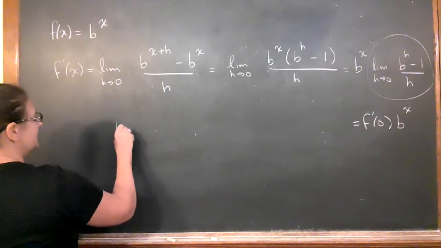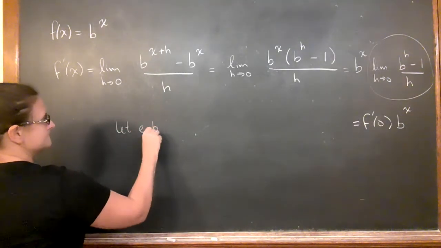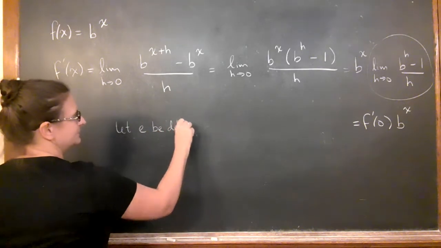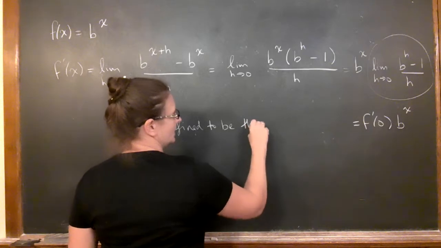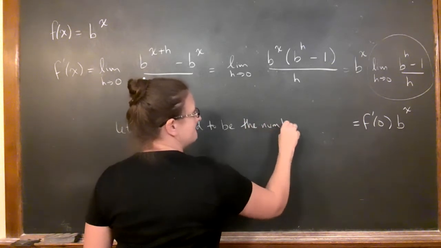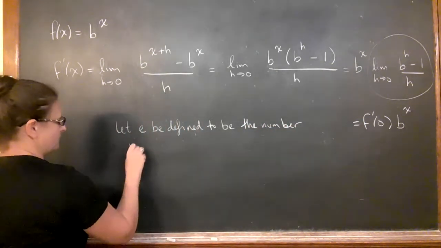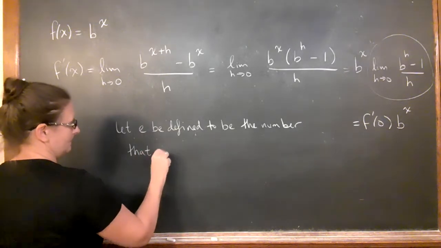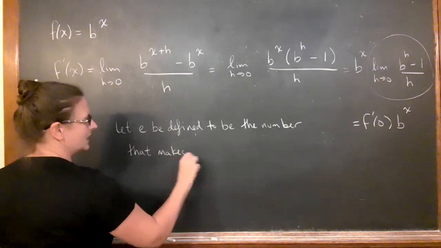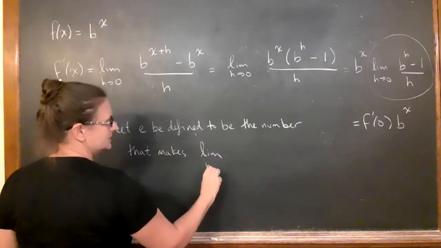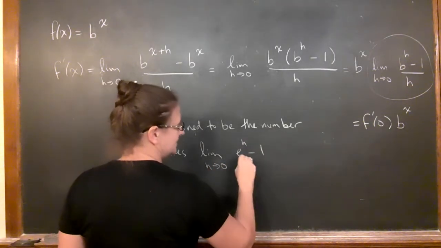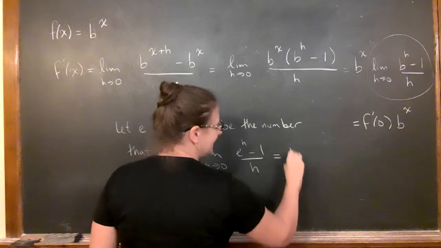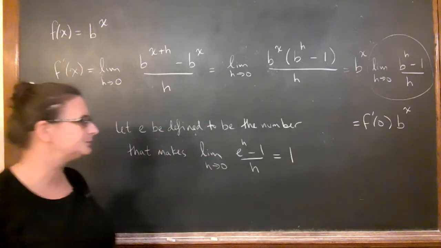So let e be defined to be the number that makes this thing, the limit as h goes to 0 of e to the h minus 1 over h, equal to 1.